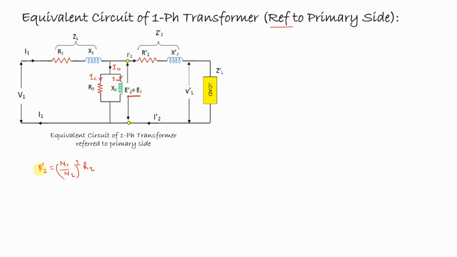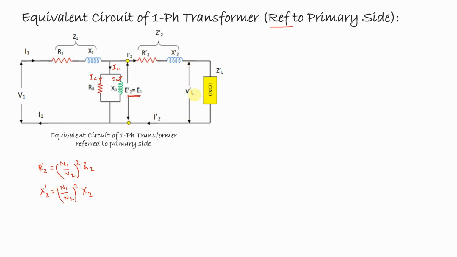This is called the resistance of the secondary winding referred to primary side. Similarly, X2 dash, the secondary reactance referred to primary, will again be N1 by N2 whole square into X2. X2 is the reactance of the secondary side, but when it is transferred to the primary, it will be considered as X2 dash, the reactance of the secondary winding referred to primary side.